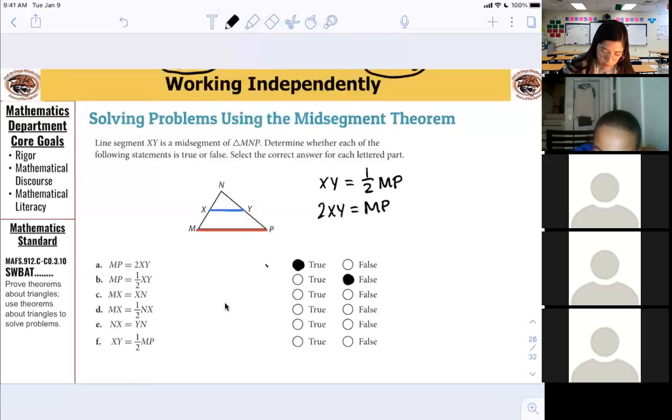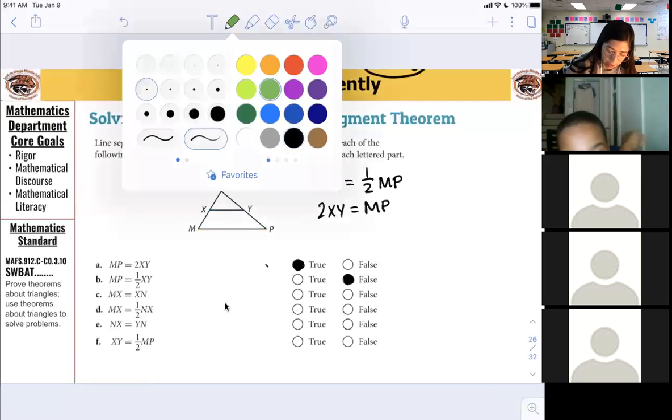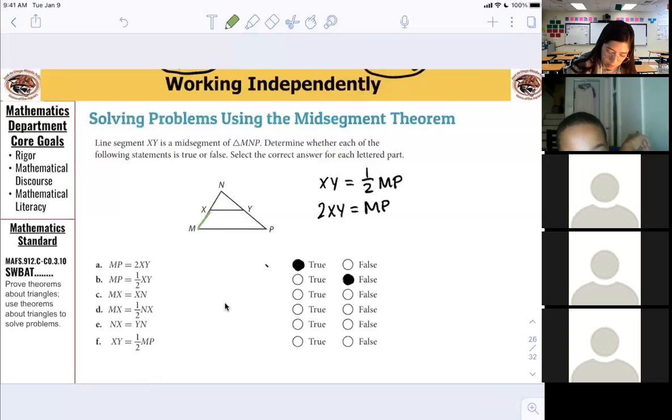Okay. C, MX, let me highlight it. MX equals XN. True or false? Tyrone says true. Perla says true.